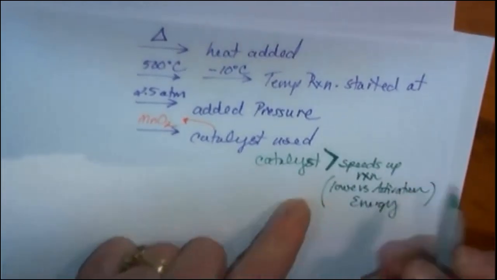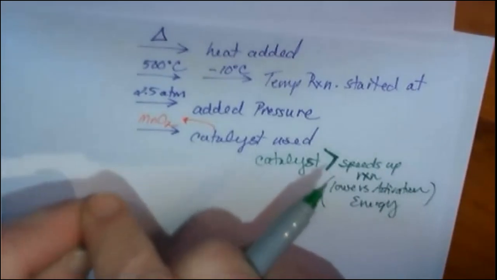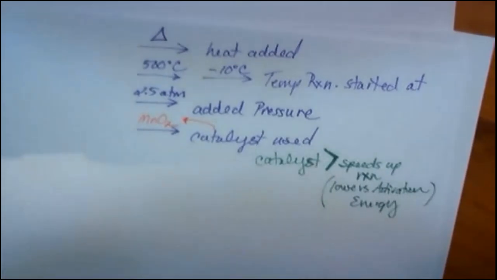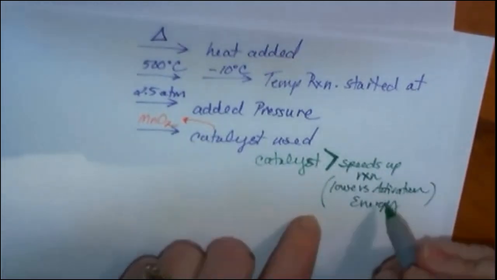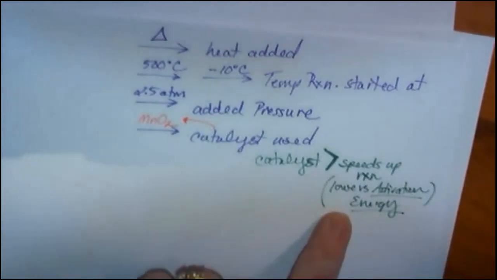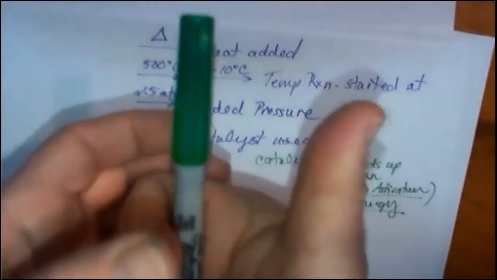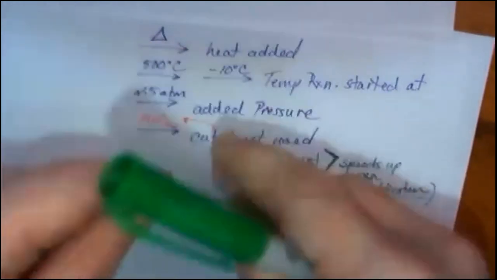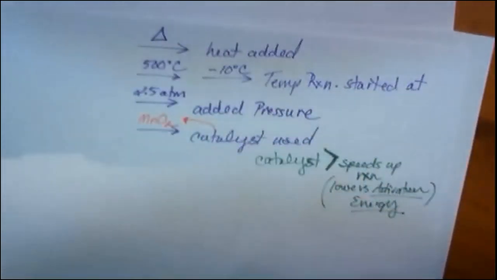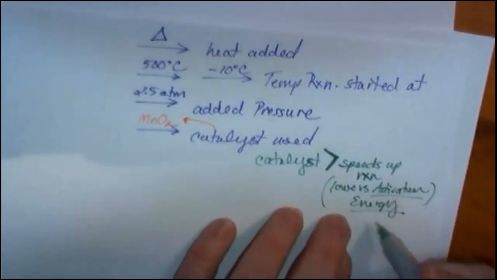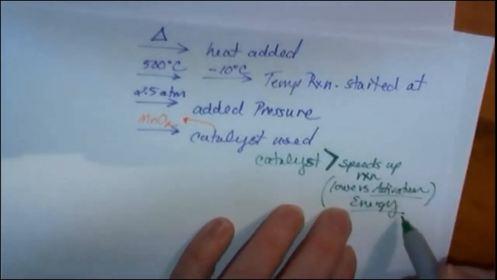Every reaction requires some initial input of energy, and that's called activation energy. For example, when we strike and add a spark to our natural gas to get it to combust, we are adding the activation energy.